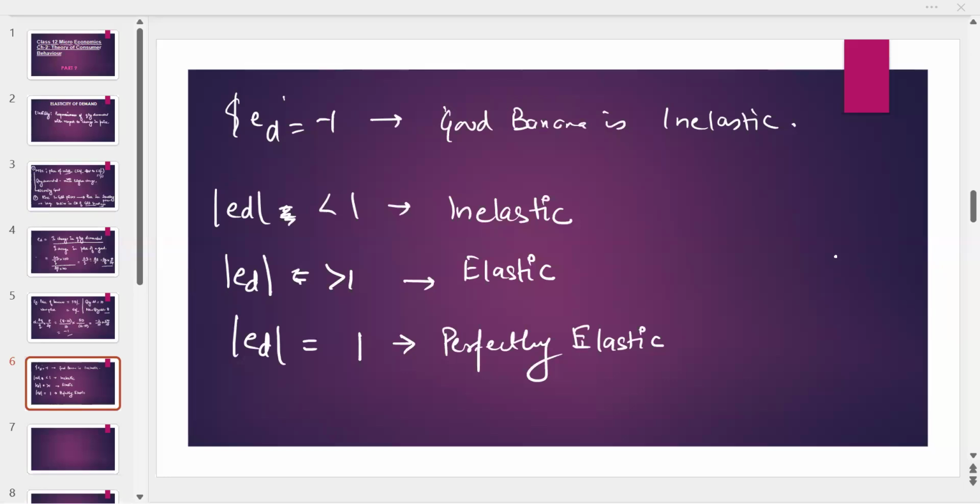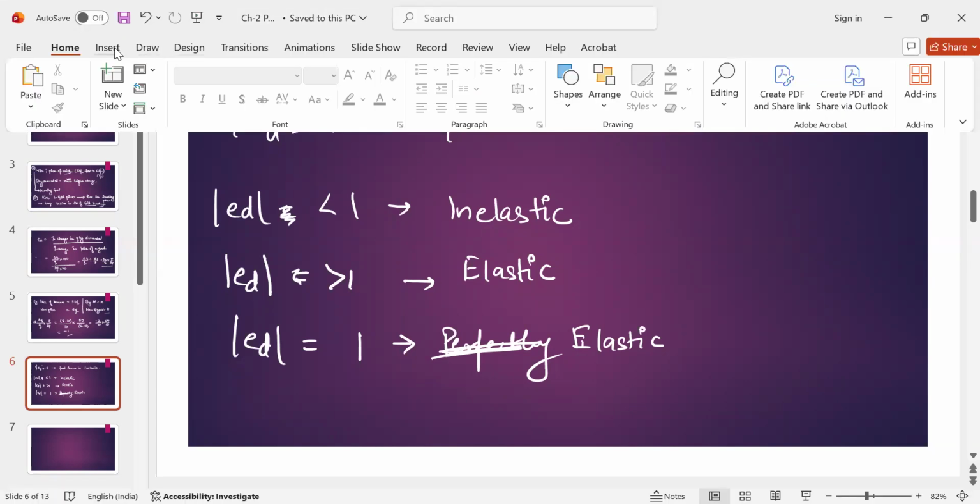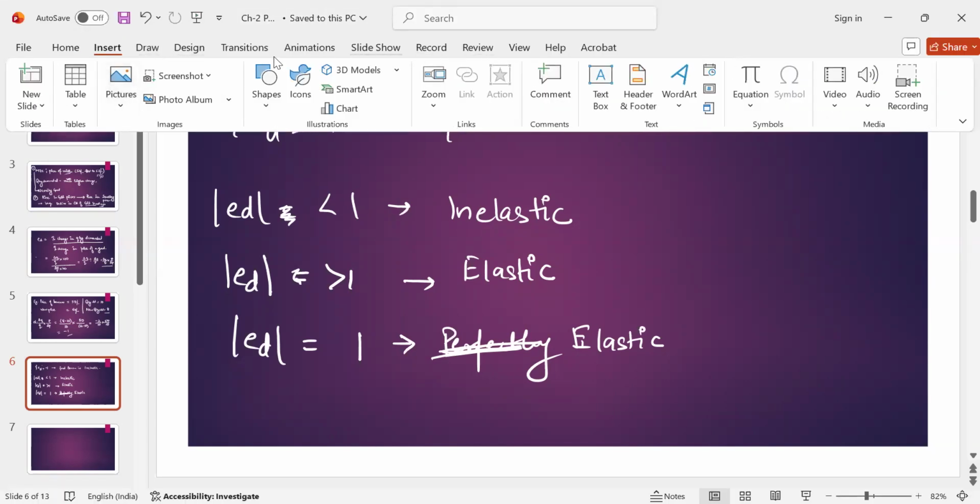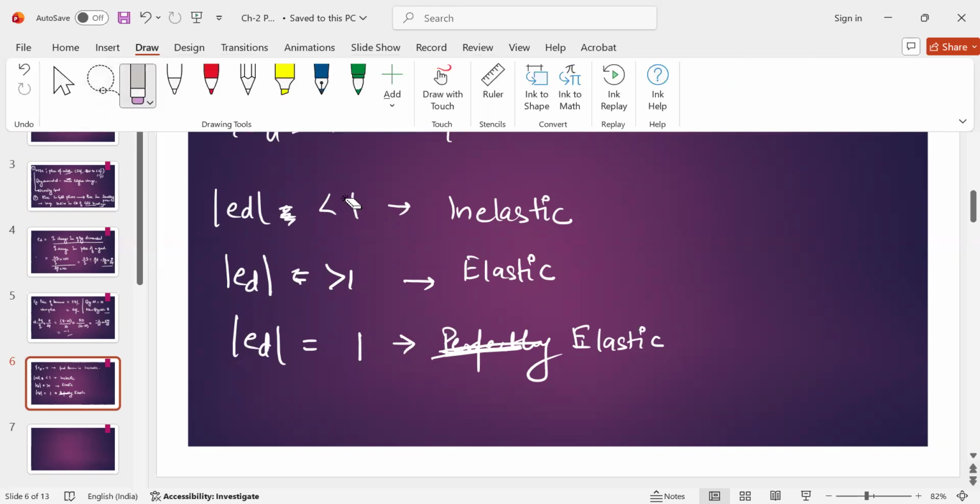Just my mistake. When the elasticity of demand is one, it is not perfectly elastic, it is unit elastic.